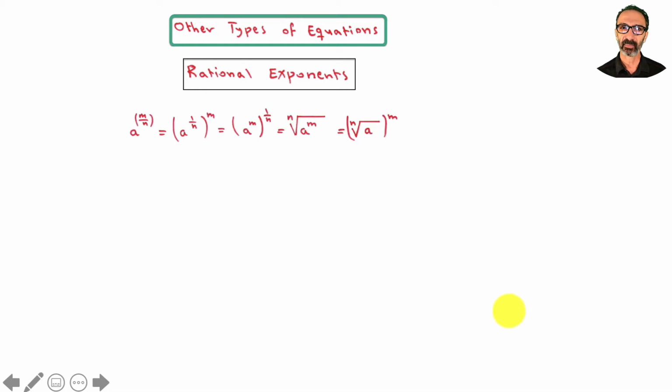We have a to the power m over n. It could be written in a lot of different ways. I could break down m over n into two pieces: m outside, 1 over n inside, or the other way around. If 1 over n is outside, that's the nth root of a to the m.